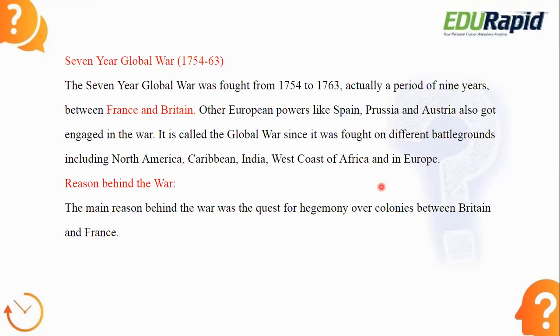They were the two most powerful European, imperialistic countries at that moment. Because of their colonies, they fought this war, which reflected into many different battlegrounds all across the world. That is the reason behind the 7-year global war.